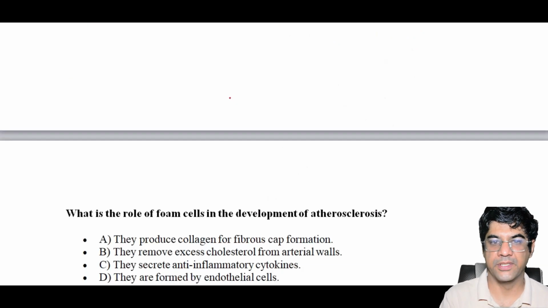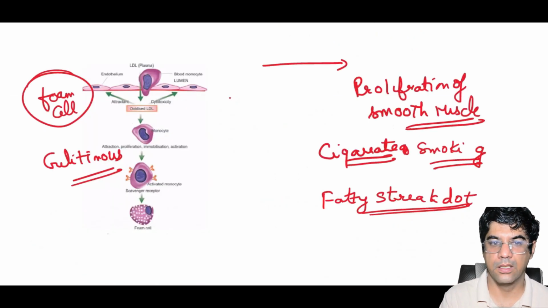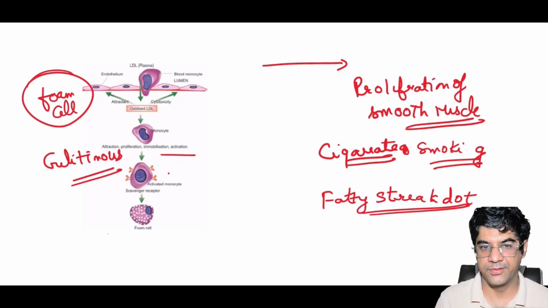The next stage is formation of complicated plaque, and the advancement there is in the aorta and coronary arteries.